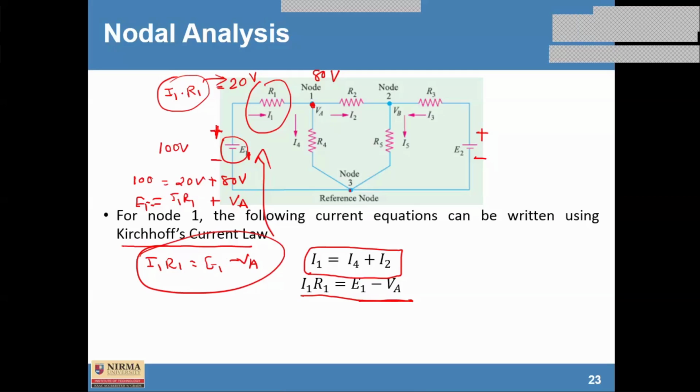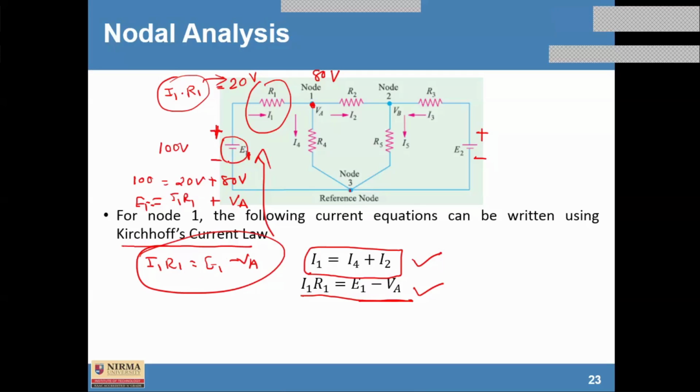Okay, we can write the mesh equations also, as what we have written last time. Fine, but here we are writing all these node potential equations by using Kirchhoff's current law. So this is according to Kirchhoff's current law. Similarly, we can write expressions in the form of voltages also, because whatever the voltage drop due to resistance is nothing but the difference between two nodes.